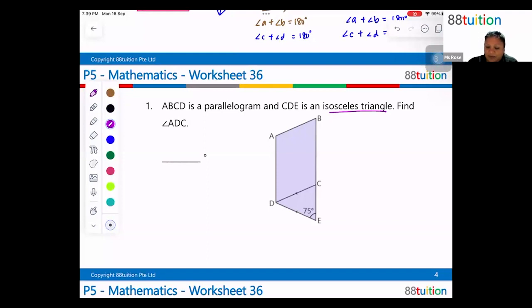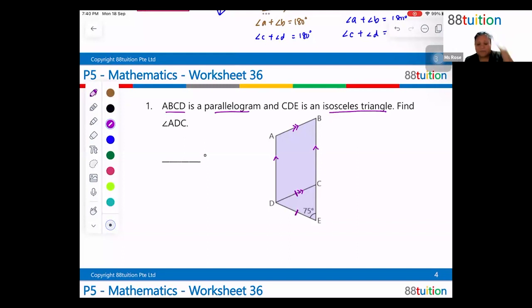Okay, so ABCD is a parallelogram. So you can mark it up to indicate that it is a parallelogram. And CDE is an isosceles triangle. Can you see the marking here? That is an isosceles triangle.